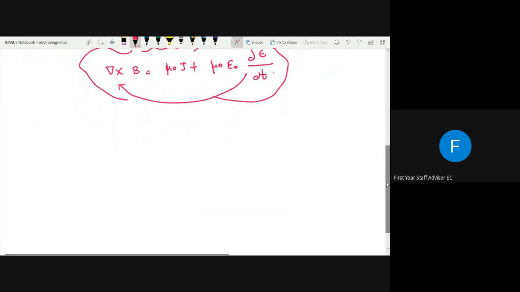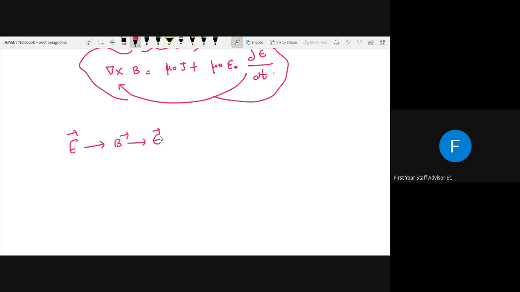A time varying magnetic field gives rise to a time varying electric field, which gives rise to a time varying magnetic field. And this time varying magnetic field, according to Maxwell's third law, will again produce a time varying electric field.